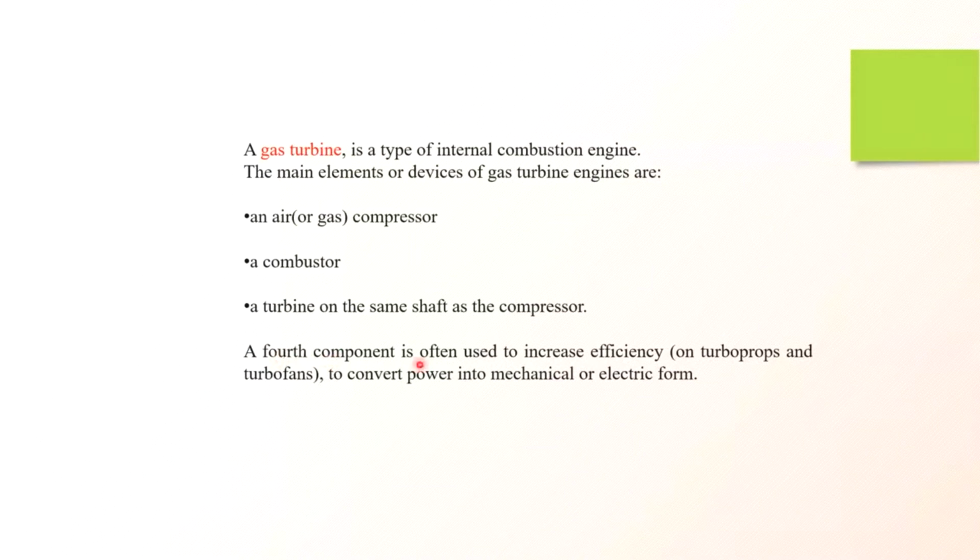The fourth component is often used to increase efficiency on turboprops and turbofans, to convert power into mechanical form. So a turboprop engine is a turbine engine that drives an aircraft propeller.